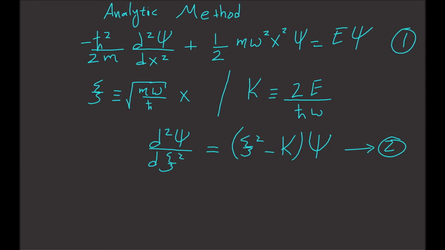So now our job is to solve this equation and find k, which is the same as finding E, the energy, and we're gonna have to find the wave function that satisfies this equation.